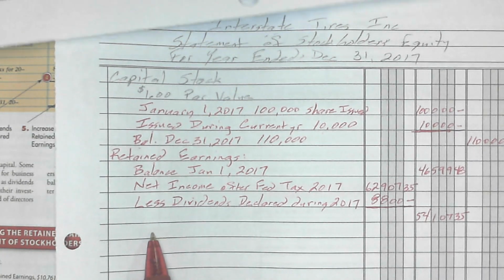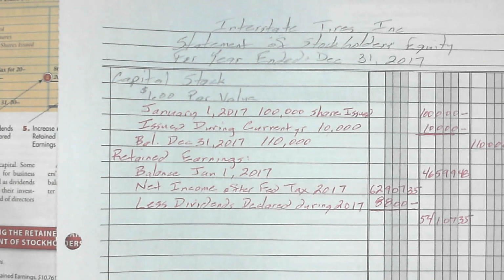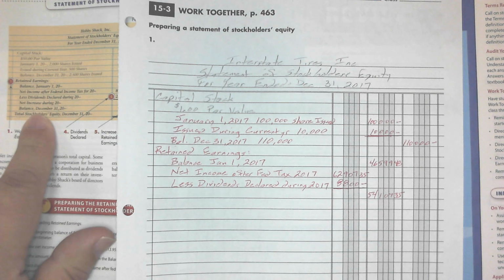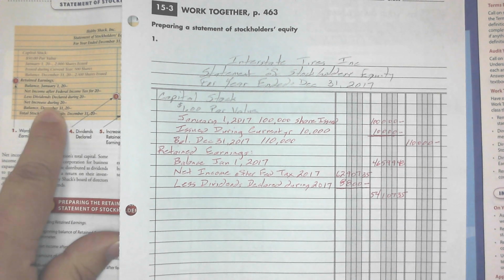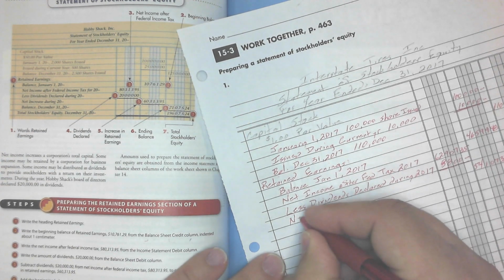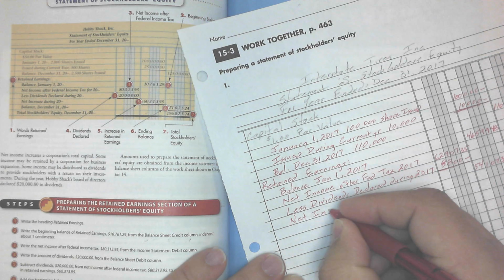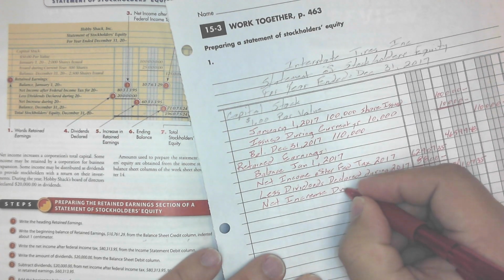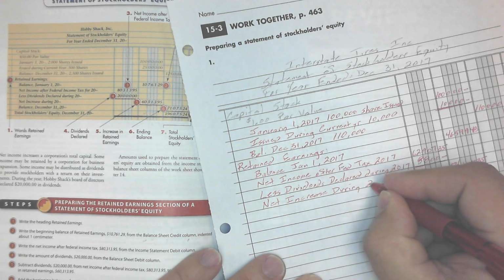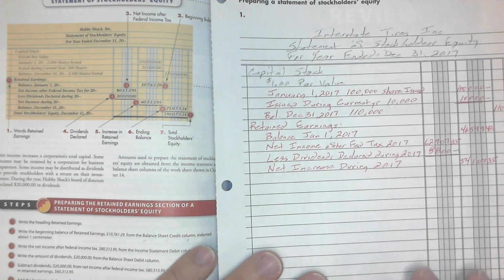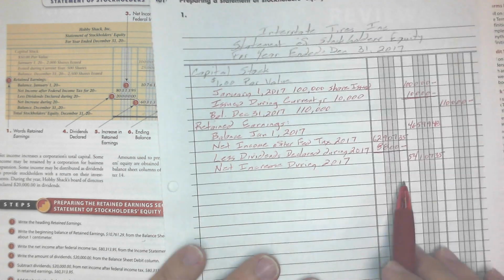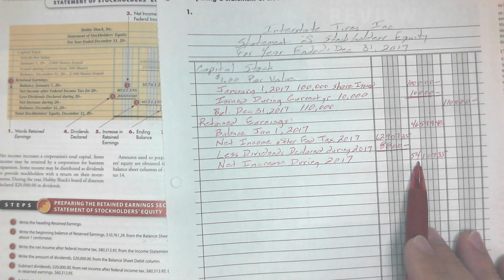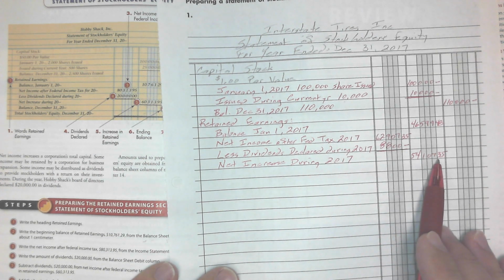And then we're going to label this line just like it has here in the book. Net increase during 2017. So our net increase was $54,107.35.